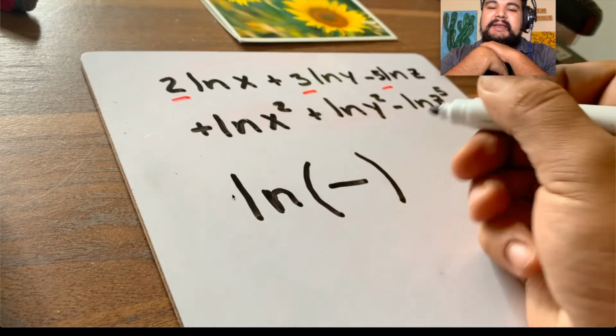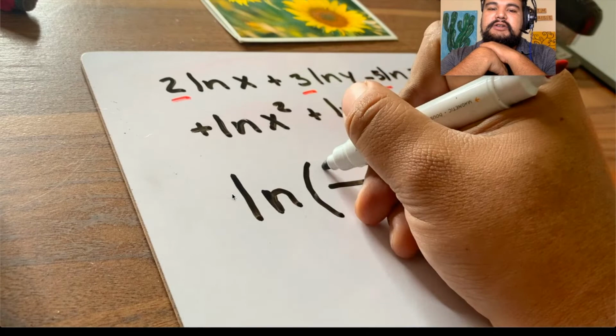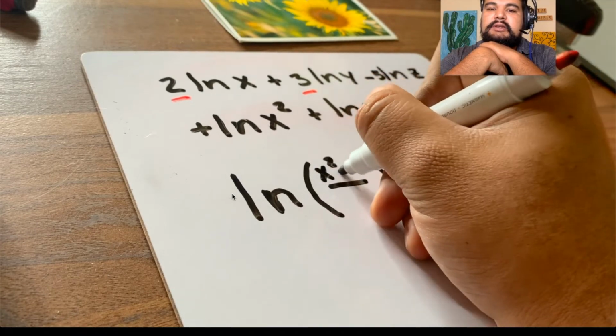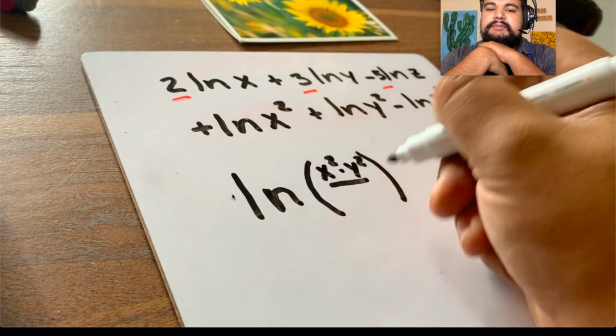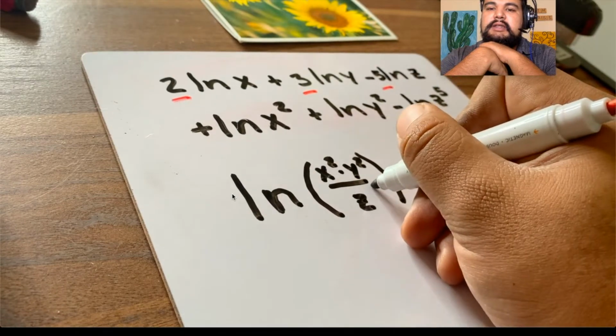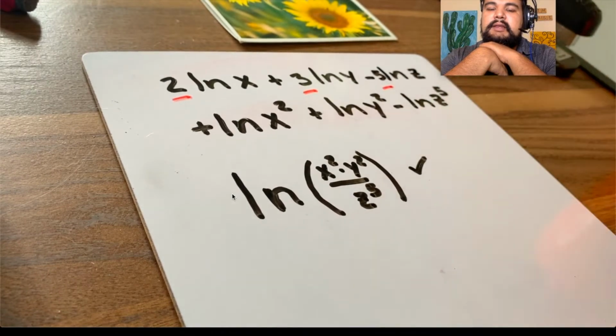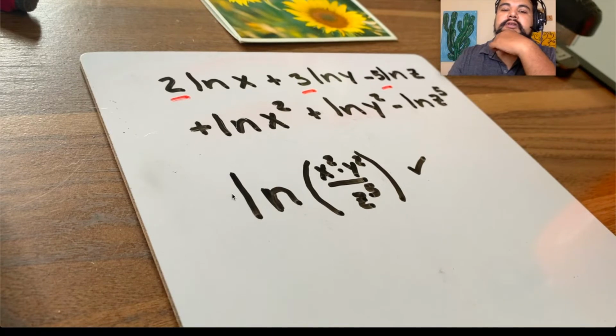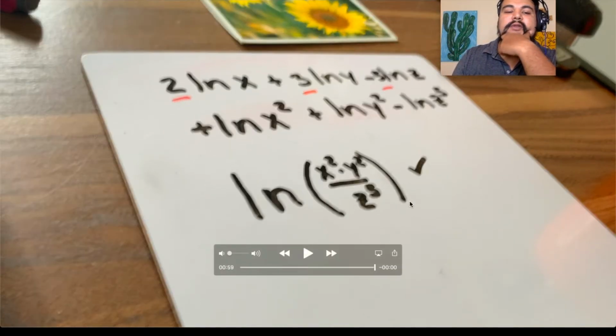So make a fraction: x goes on the top, y goes on the top, and z goes in the bottom, and that's it. They do go on the top together as multiplication.